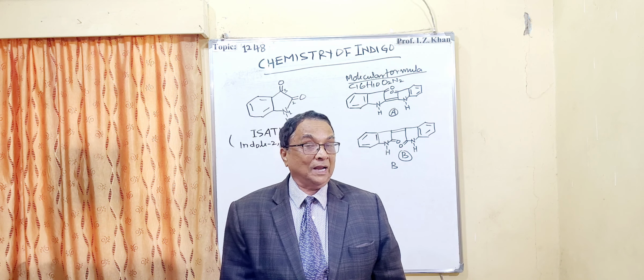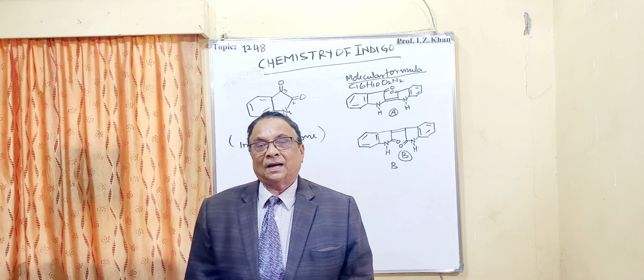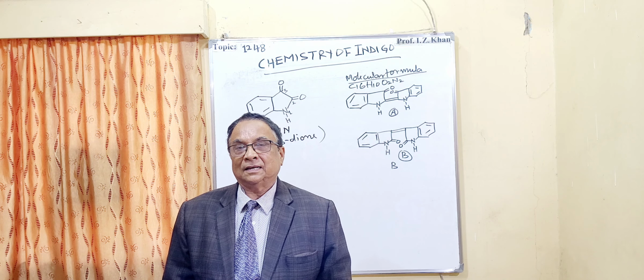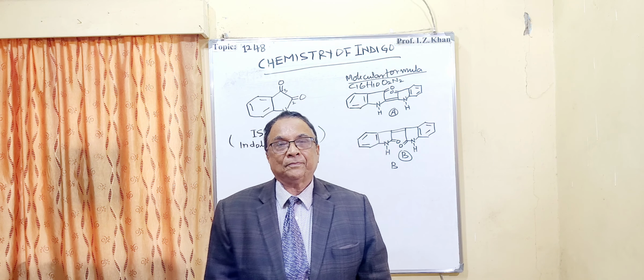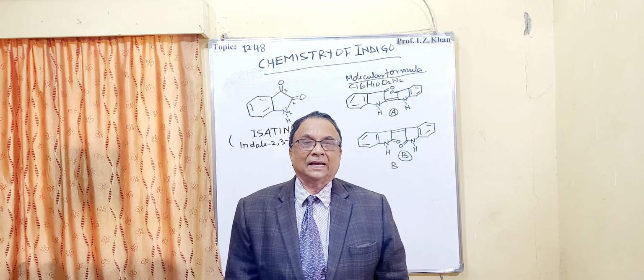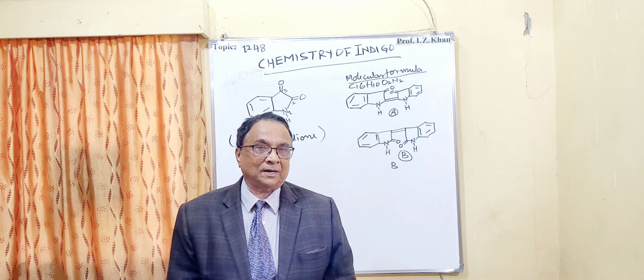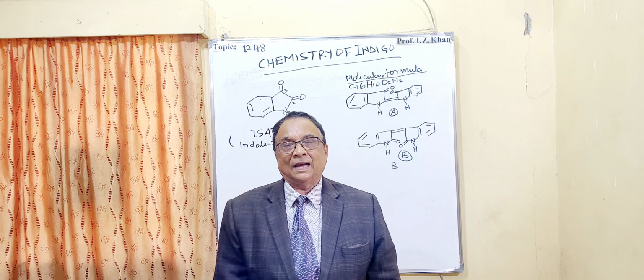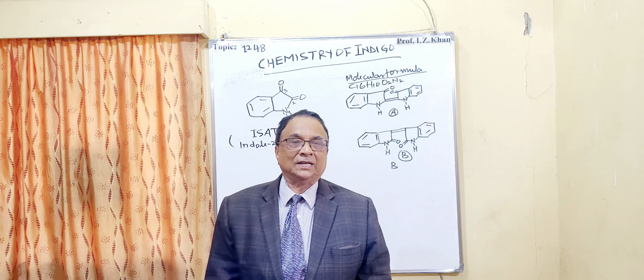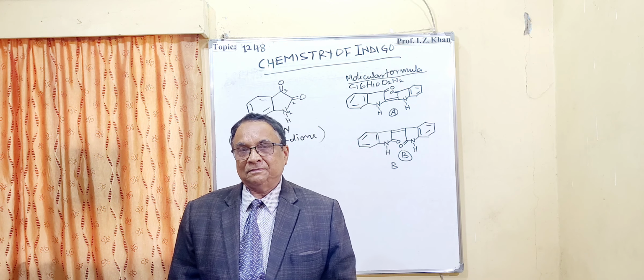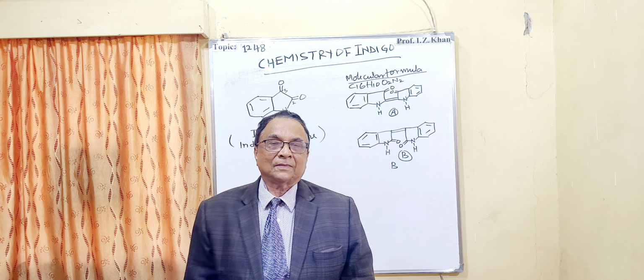It is a powerful anti-inflammatory, and this natural dye is heterocyclic. It contains an aromatic ring and a 5-member aliphatic ring, and it is actually made up of 2 units of isatin molecule.